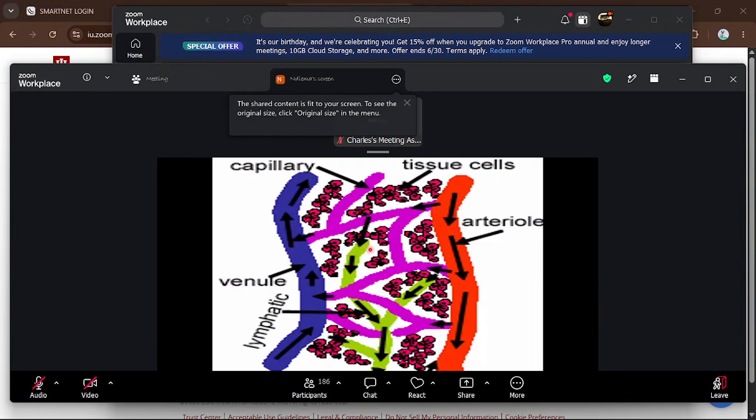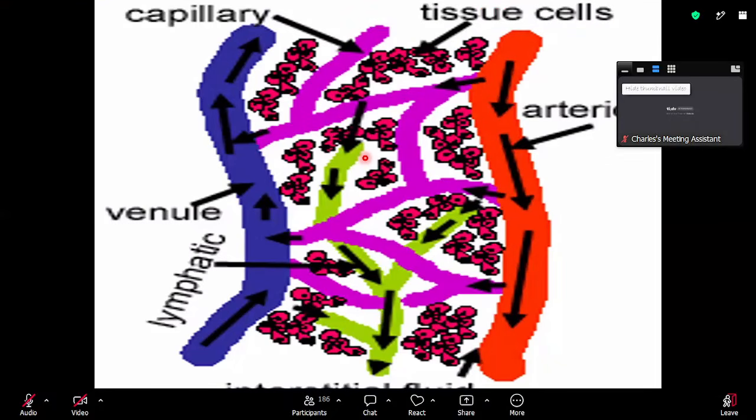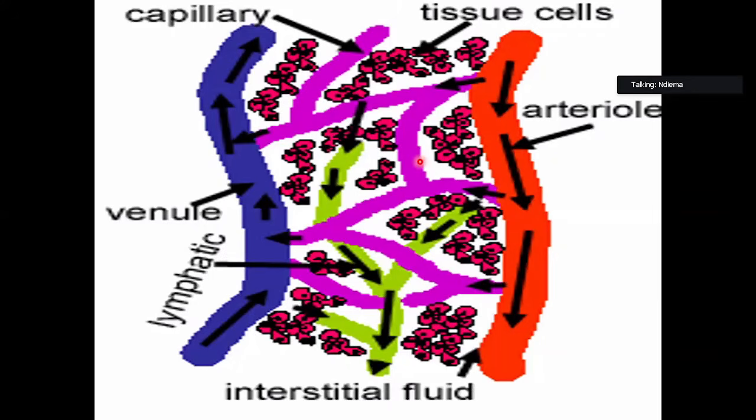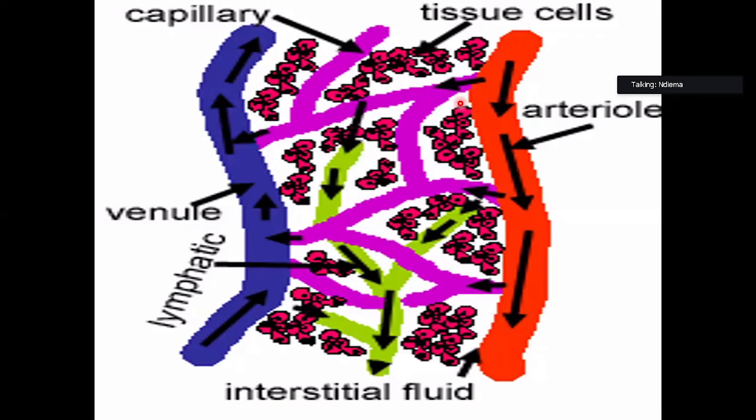Fluids get out of circulation. So once the fluids get out of circulation, the cells are bathed by fluid. The interstitial fluid is very rich in oxygen, very rich in nutrients.